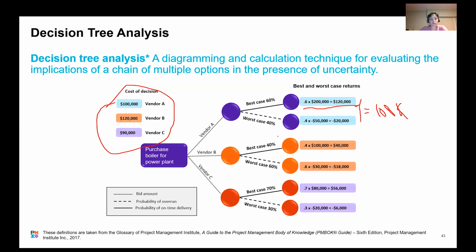Just consider this. What is the possibility of making profit by using this vendor, and what is the possibility of incurring a loss by using this vendor?